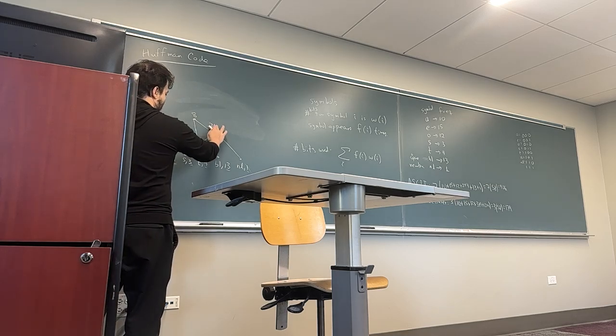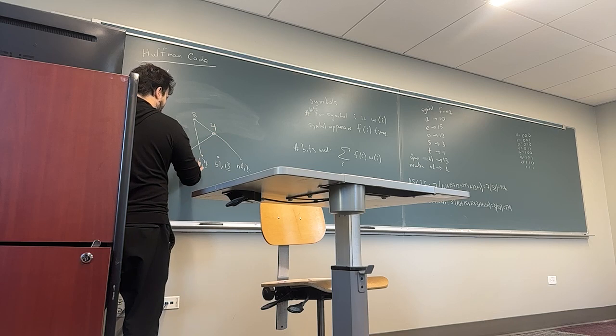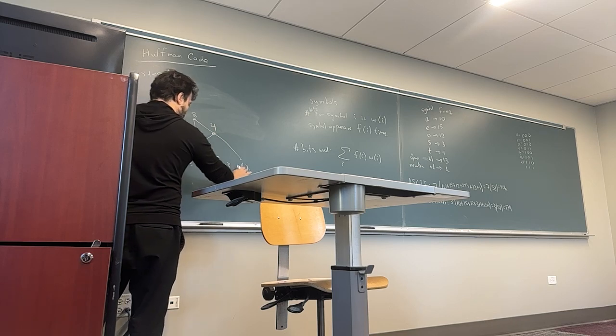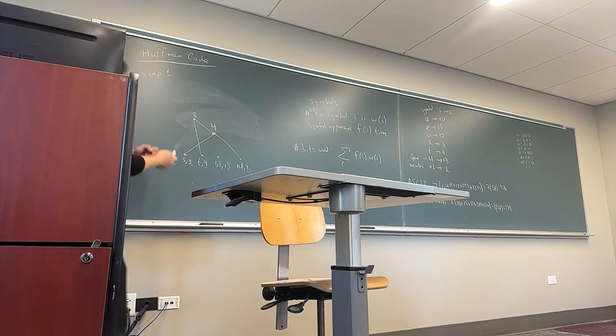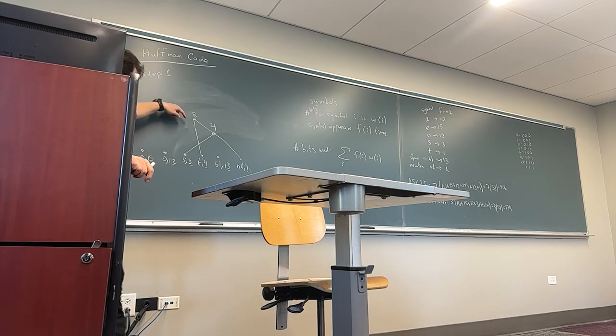I'm not going to delete them, but you stop the things that are already in edges, you stop considering them. So the next two smaller ones are 8 and 10.